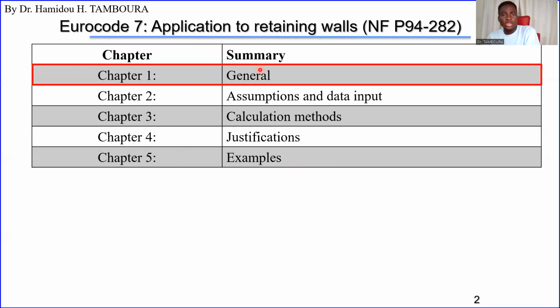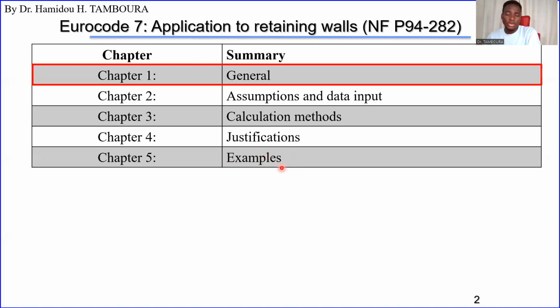This program has 5 chapters. Chapter 1 is general, just general things. Chapter 2 is about assumptions and data input. Chapter 3 is about calculation method, justification, chapter 4, and example.